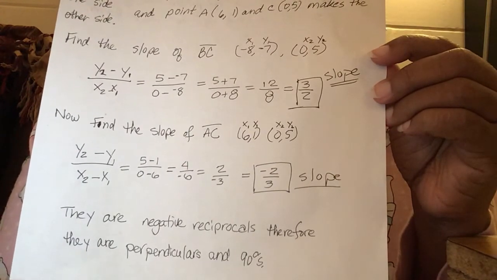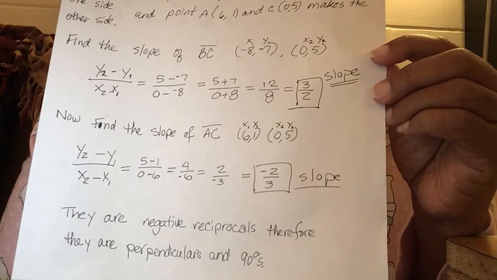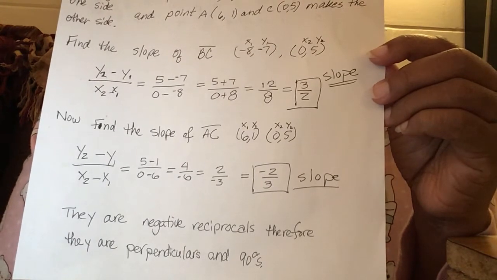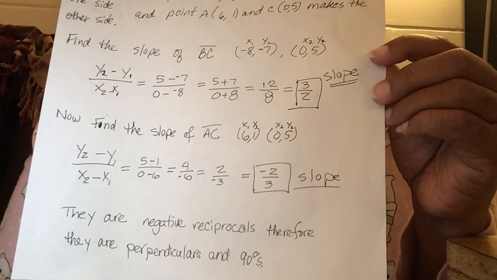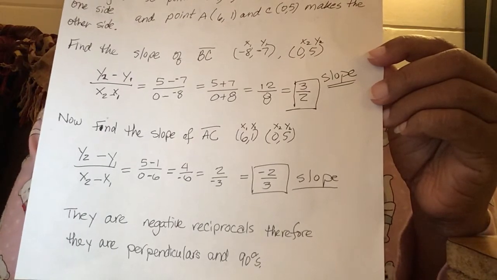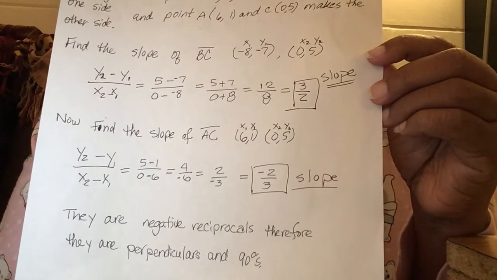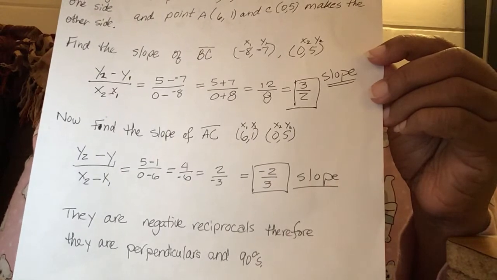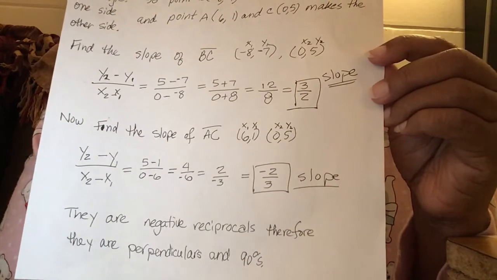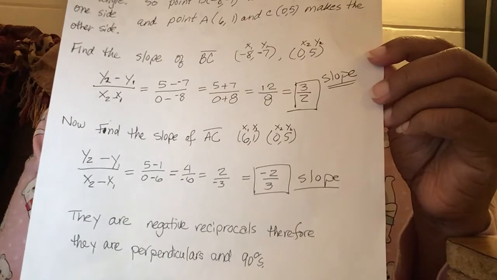So that's going to be 4 over -6, which reduces to 2 over -3. You don't leave the negative down at the bottom, you put it at the top. So the slope is -2 over 3.